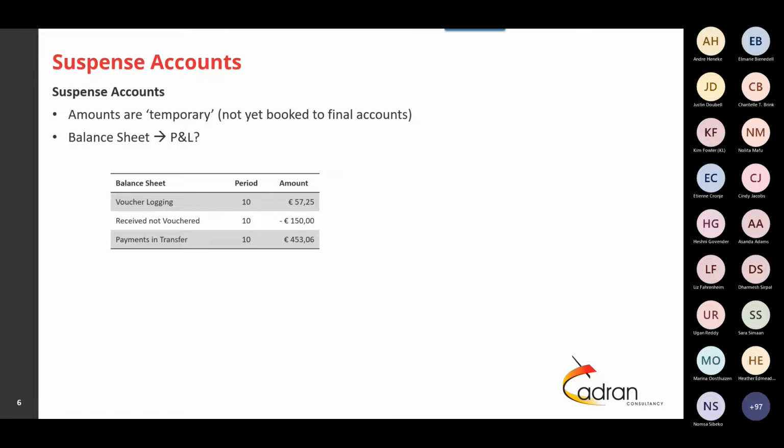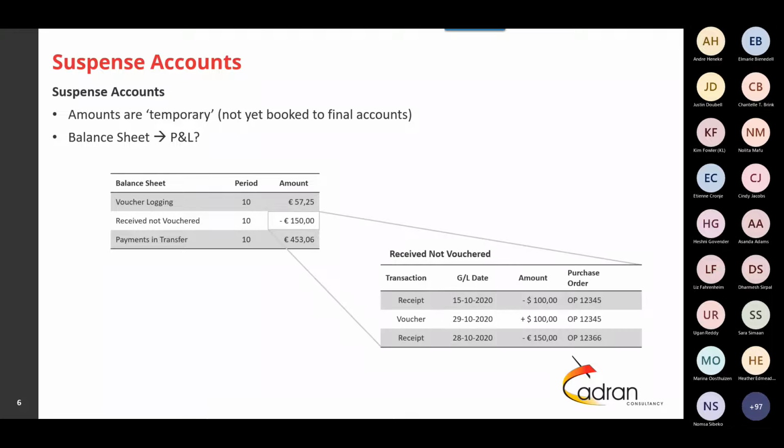With suspense accounts, you have some suspense accounts on your balance sheet, which you probably need to explain and make sure there's nothing in there which shouldn't be. And if we zoom in, for instance, on a received not vouchered account, you will see receipts going in and vouchers transactions which will net to 0, but not all will, of course, for received not vouchered.